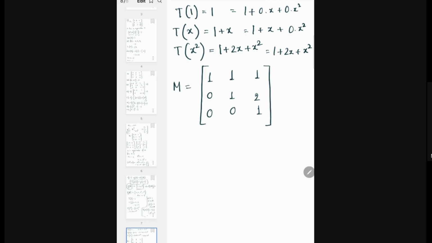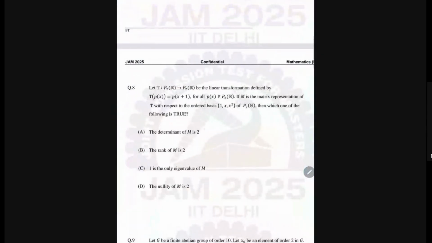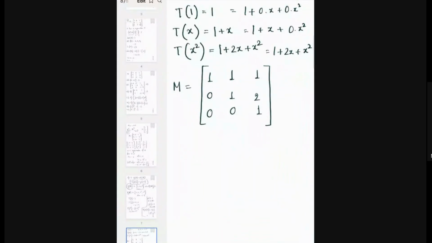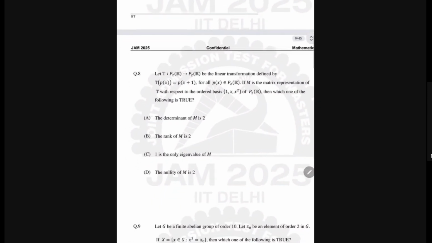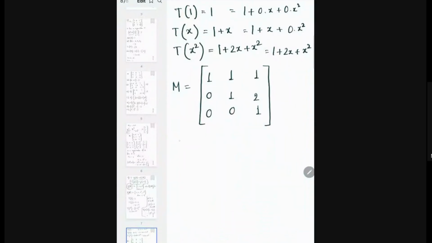Now we have to check if this is correct or not. We need to check determinant, rank, eigenvalue, and nullity. Ma'am, only option C is correct. Right.